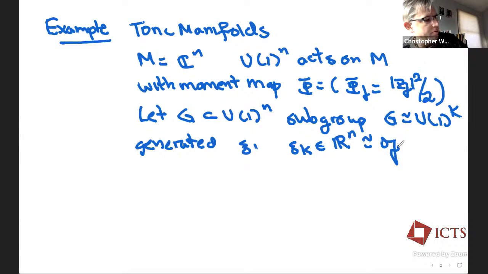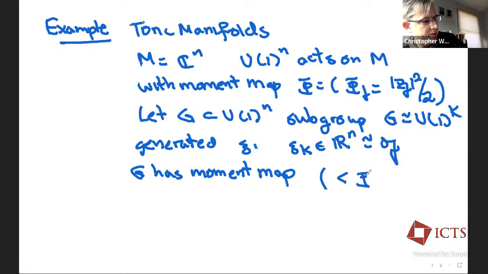So then the moment map for this subgroup is going to be given by these pairings of phi with the vectors c_j, but I always get to adjust by some constant.